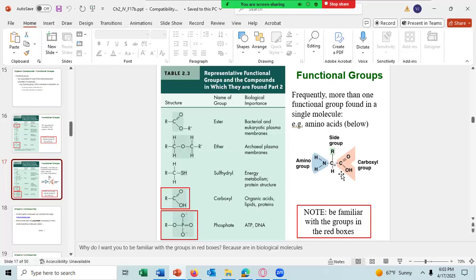These groups are the groups that are important in biological molecules, so you must know the functional groups surrounded in red box. And frequently, more than one functional group can be found in a single molecule. Like with an amino acid shown below, we have an amino group on the amino acid and a carboxyl group on the amino acid. Any question about any of that?